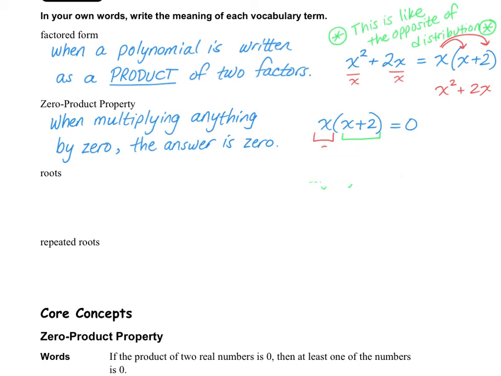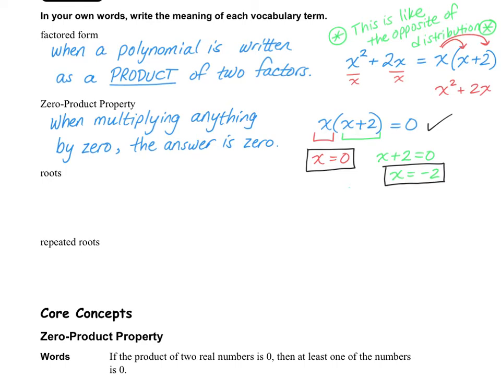Okay? So that means that x could equal 0, or x plus 2 could also equal 0. And if I solved x plus 2 equals 0, I would get x is equal to negative 2. So that means that x could either be 0 or x could be negative 2, and it will satisfy this equation.